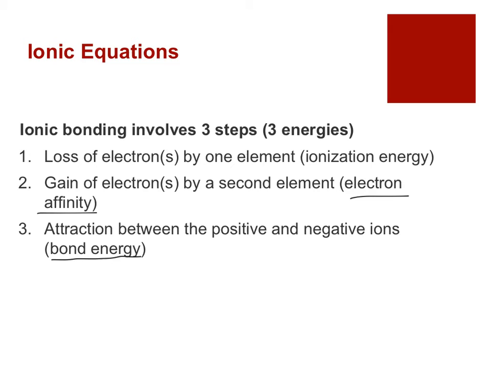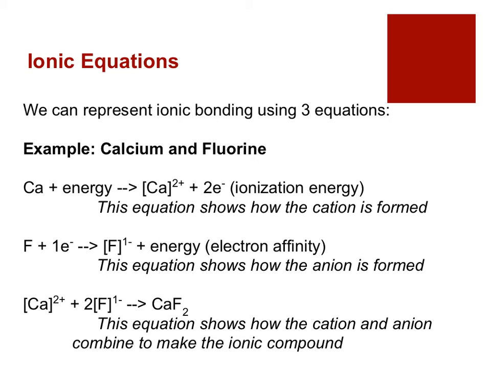If we look at an example then, we're going to look at the example between calcium and fluorine. We can write out 3 equations to show these 3 steps. Our calcium is our metal, is going to lose electrons.